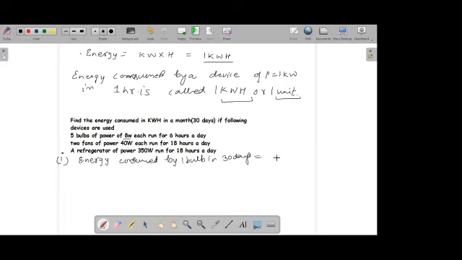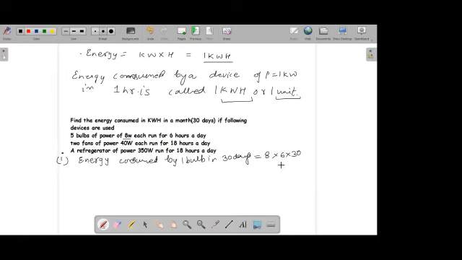This will be equal to the power into time. Power is 8 watt. And what is the time in 30 days? In one day, it is running for 6 hours. So in 30 days, it would run for 6 into 30. So Hasnita and Srilasya, is this understood up to here?